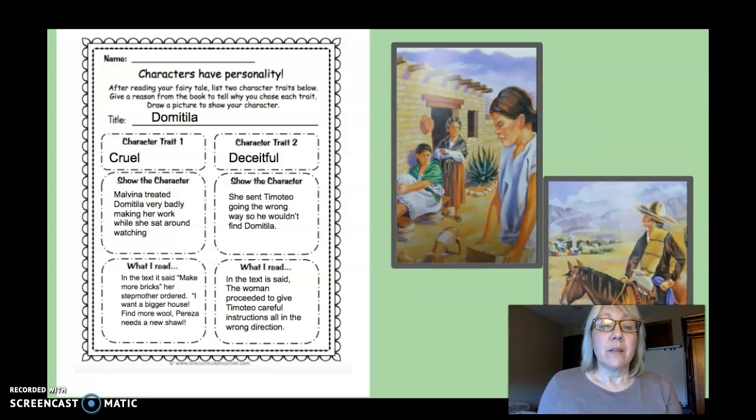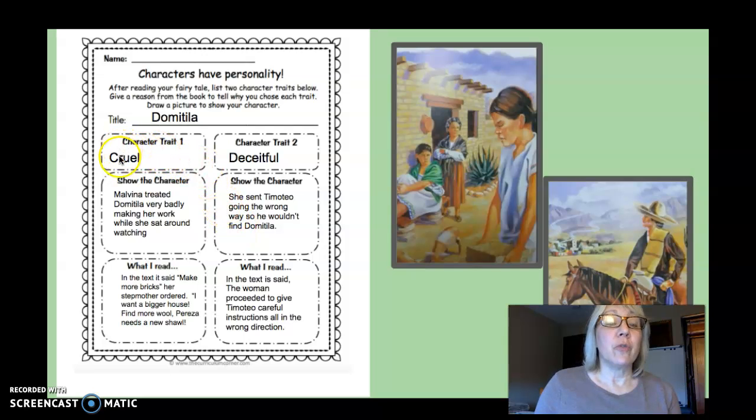All right. So looking at my characters have personality, the title of my story again is Domitila, but this time I'm looking at Malvina, and I made sure to put her name in here somewhere so I knew that's what I was talking about.